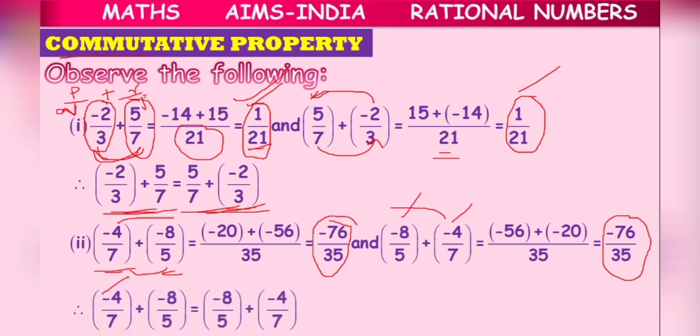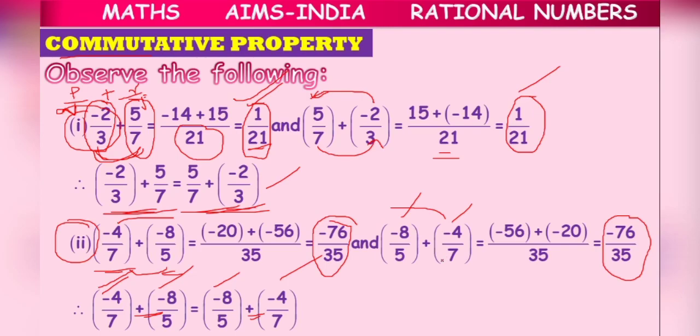So first rational number plus second rational number is equal to second rational number plus first rational number. So we can add in any way. This is proved by these two examples.